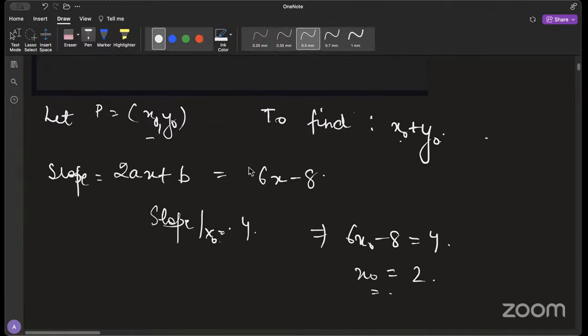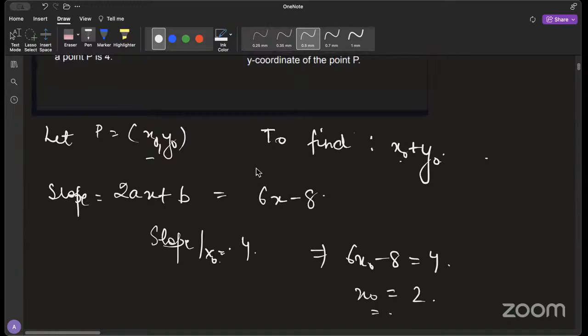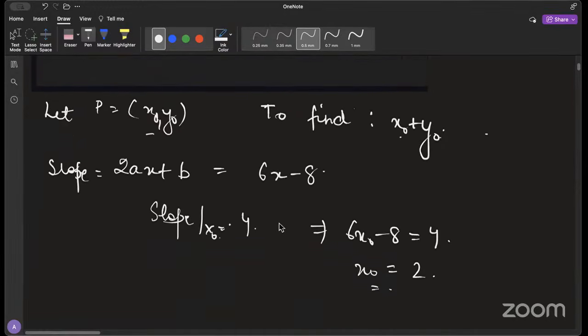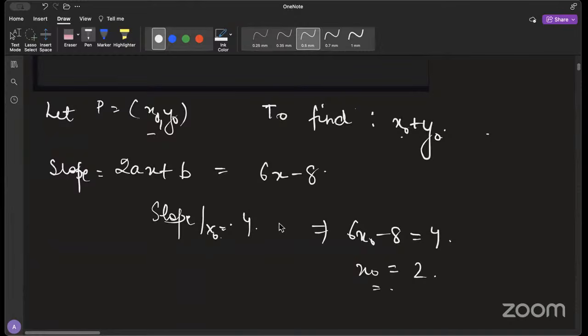Your voice is not clear, as if you are speaking from a very distance. You have placed your mic in a space. Yes, ma'am. Is it better now? Better. Okay. Repeat that again. Sorry, what? Was there a doubt?